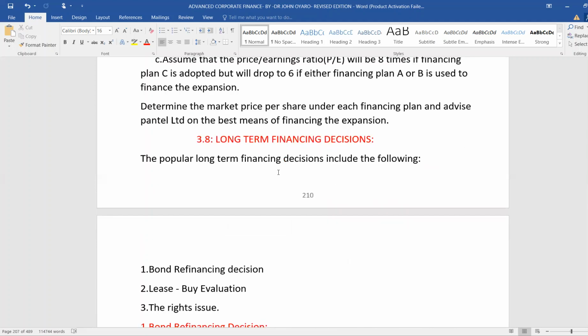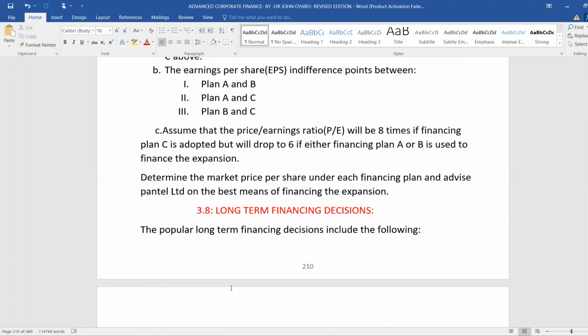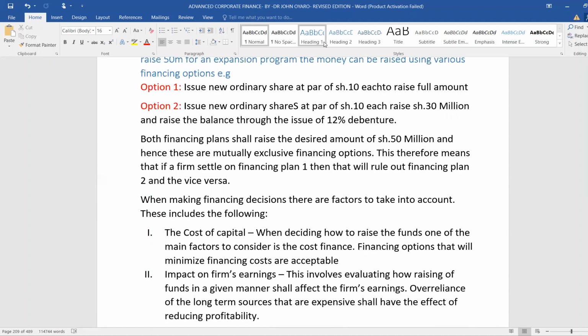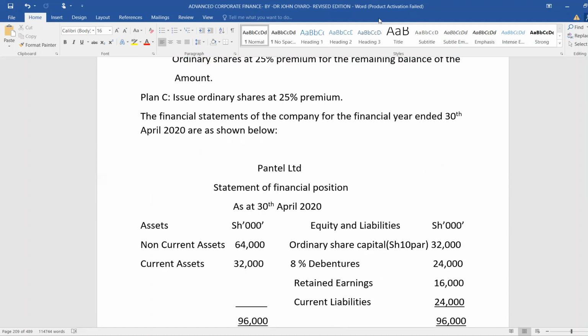In the course of next week, what I'm going to discuss are long-term financing decisions, the bond refinancing, and lease and buy only. The other ones, please continue reading. We have already given you a background, and issues of leverage are repetitive.